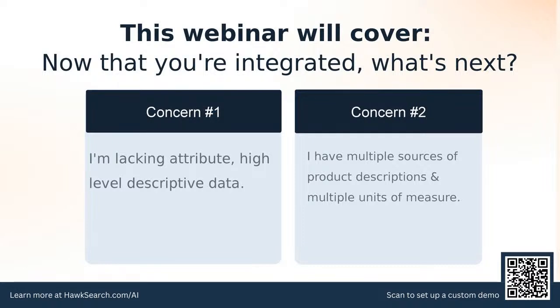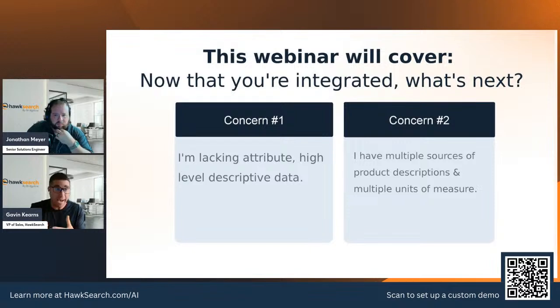Even though everything has been integrated and has come into HawkSearch at an attribute level, we may still have some gaps. So we're going to focus on some of the tools built into HawkSearch that allow us to maneuver around those gaps in your data, expand your catalog, and still provide a very good search experience for your customers.